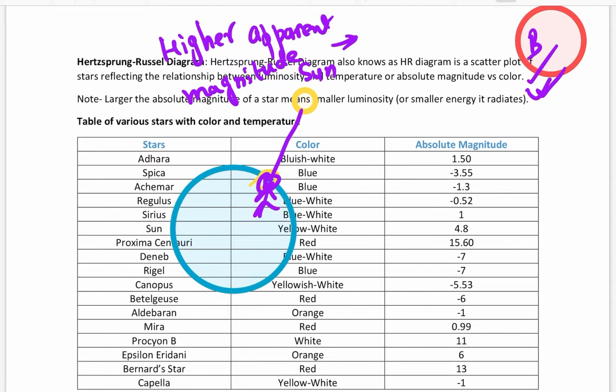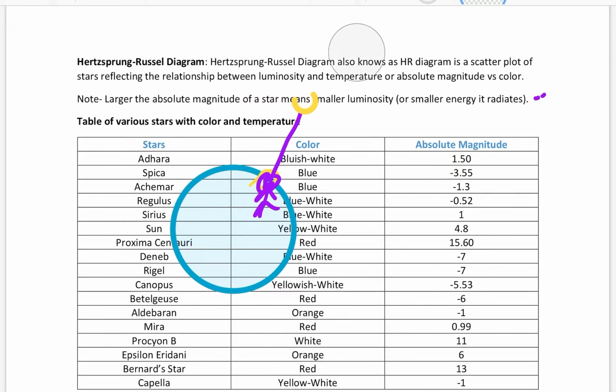Let me give an example here, and then I will talk about the absolute magnitude. Let's say the apparent magnitude of a star, let's call it the M1 star, is 5. This is the symbol for apparent magnitude. And the other star has a value of 30. Which star appears brighter to us?